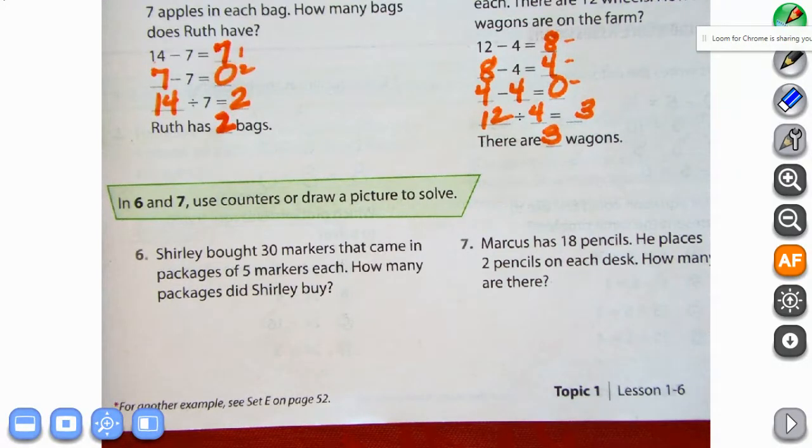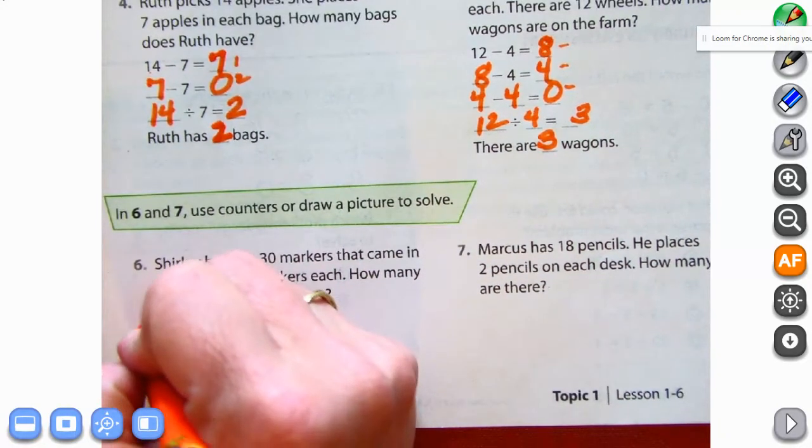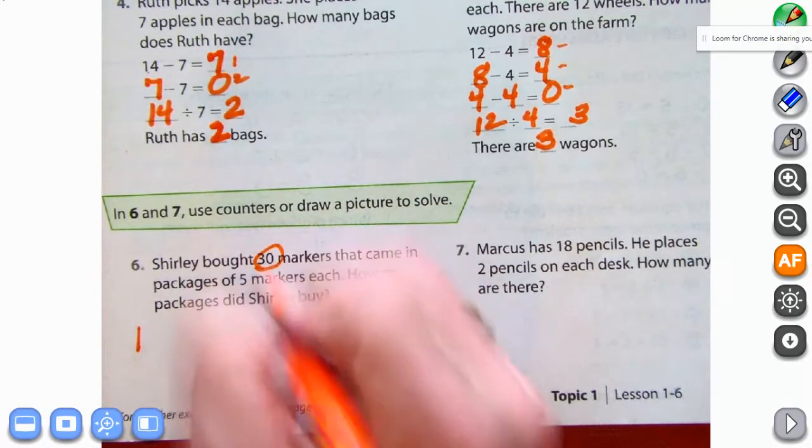So number 6 says, Shirley bought 30 markers that came in packages of 5 markers each. How many packages did Shirley buy? So we could draw little markers even. So we need to draw 30 of them though.